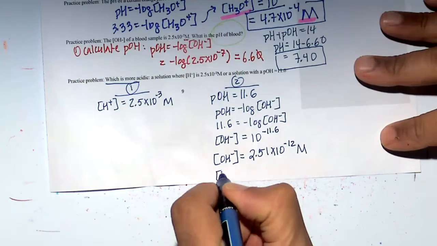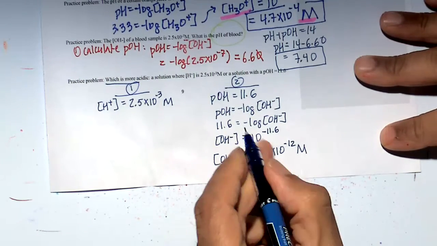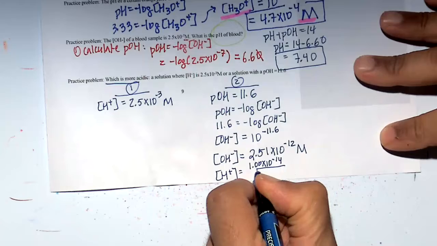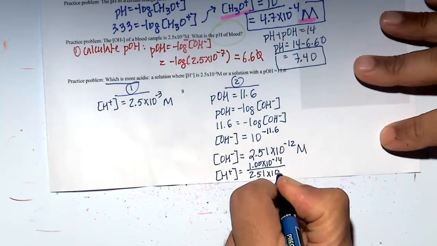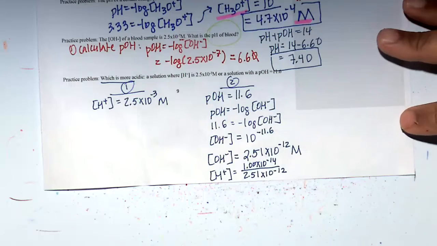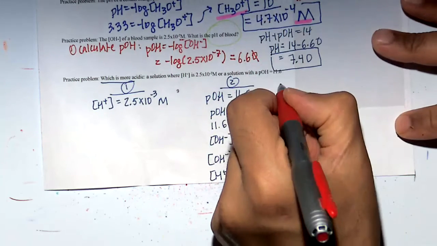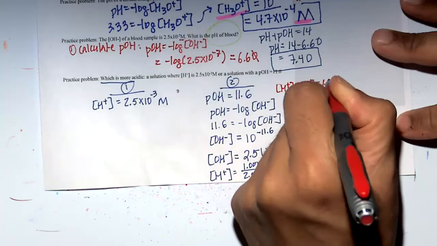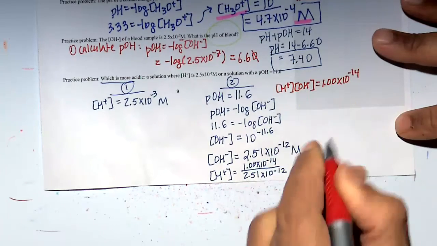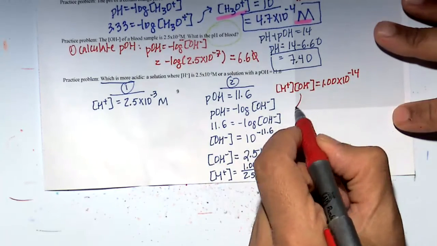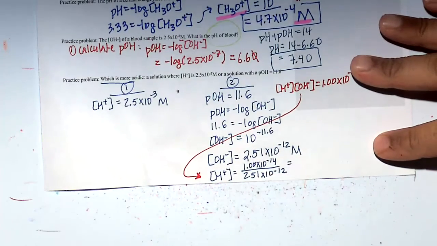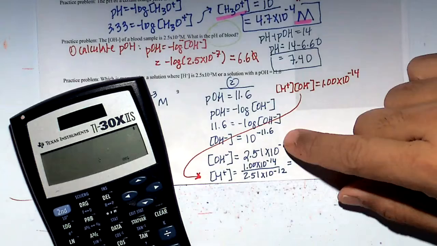So our H plus concentration is going to be Kw, 1.00 times 10 to the minus 14, divided by 2.51 times 10 to the minus 12. Everyone know where I'm getting that? It comes from this. So I got our OH minus.